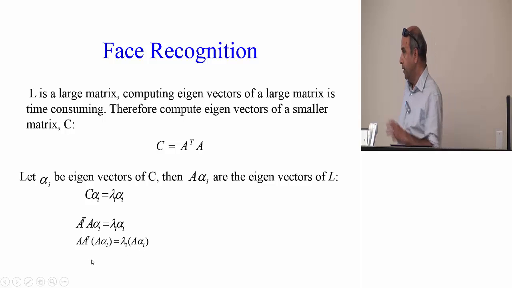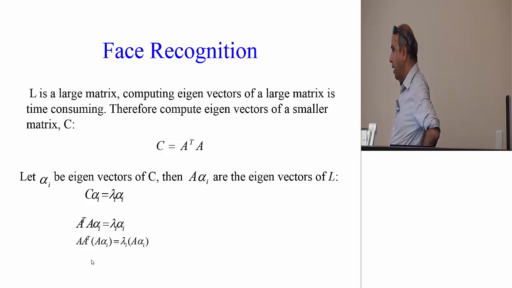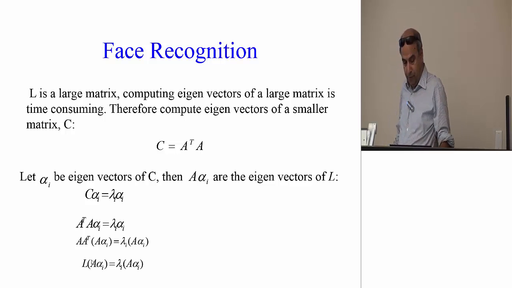So as you see, this A alpha i is the eigenvector of A A transpose, which is the L matrix. So we can find these eigenvectors of L from the eigenvectors of C, which makes it simple.